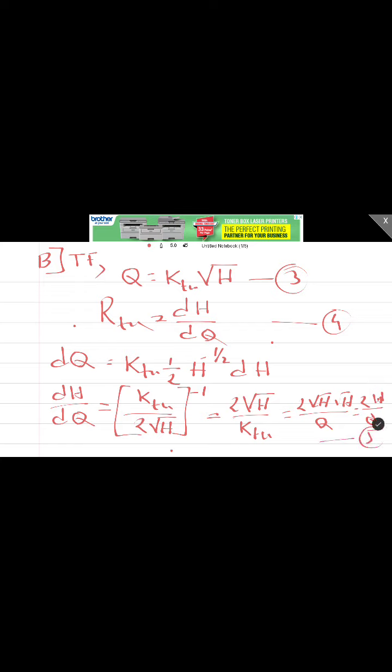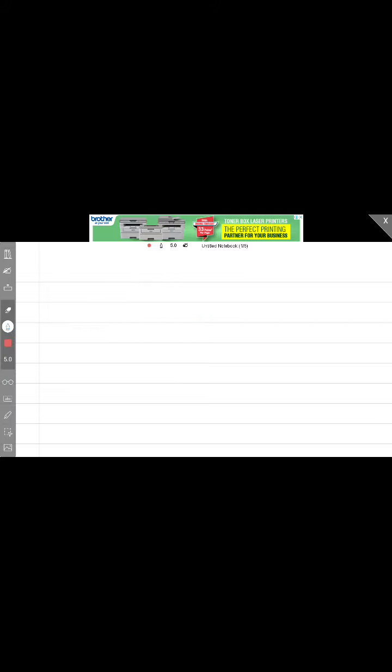Remember this equation number 5. Consider equation number 4 as well as equation number 5. In equation number 4 we have written RT equal to dH by dQ, and in equation number 5 we have found the value of dH by dQ.